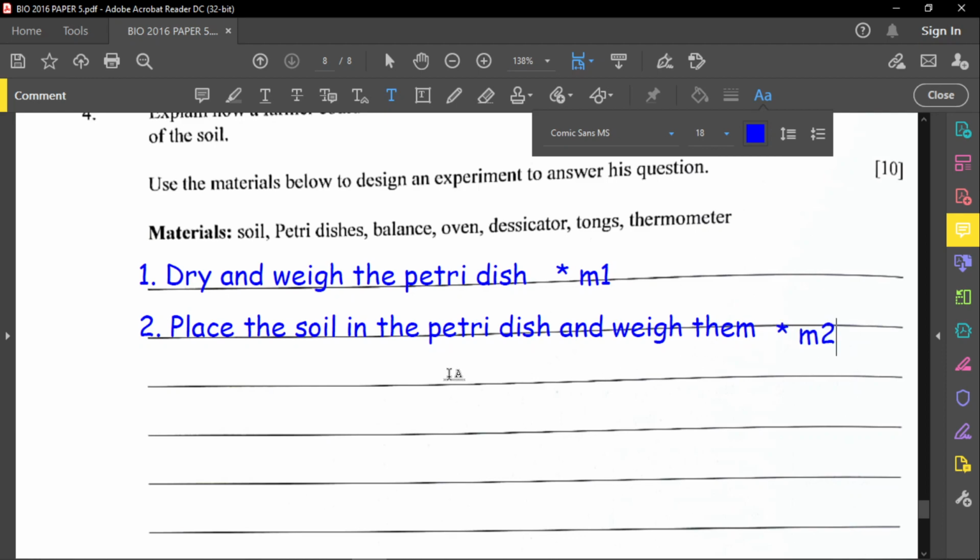And then the third thing you want to do after you have done that is to place the soil in the container, or place it in the oven.